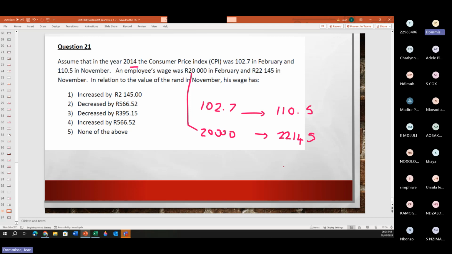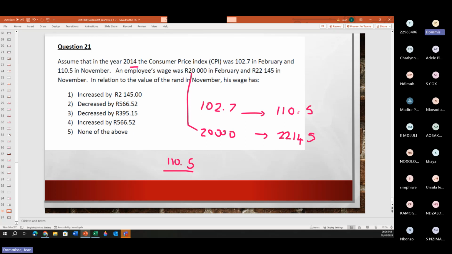Let's quickly work that out. 110.5 divided by 102.7 times 20,000. Let's just see if it makes sense, and please correct me here.